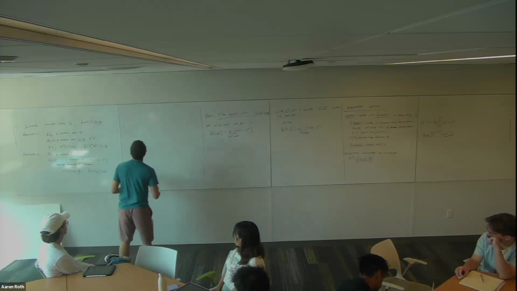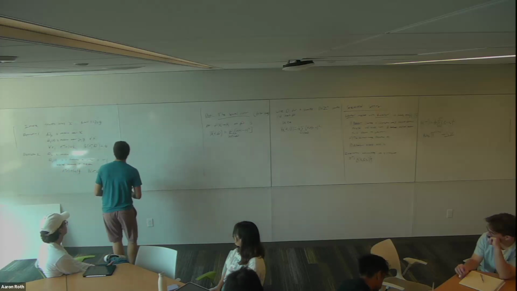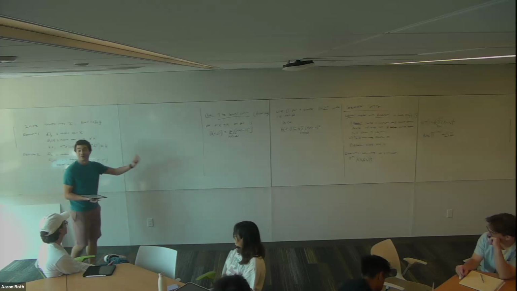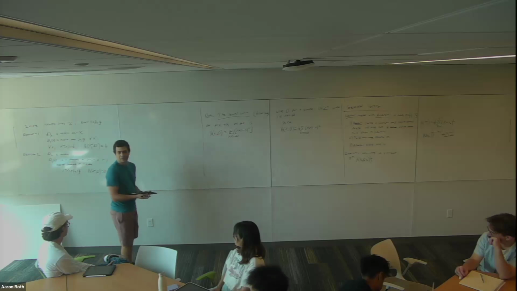What's the absolute bare minimum we could ask for a model that purports to be predicting the conditional label mean of a distribution?